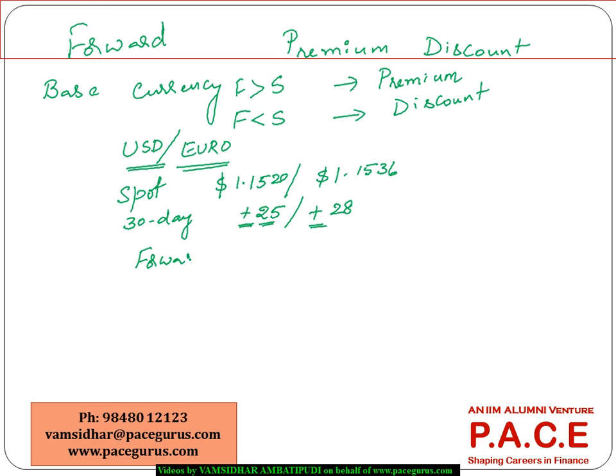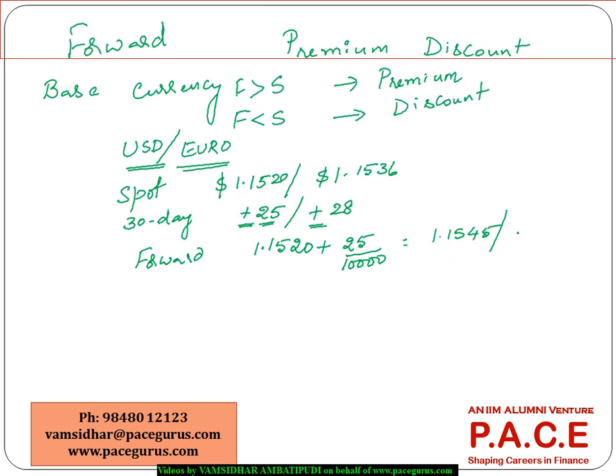Going with this logic, the 30-day forward price should have been 1.1520 plus 25 by 10,000, because it is quoted in the form of pips. So it should be plus 25 by 10,000, which should have been 1.1545.